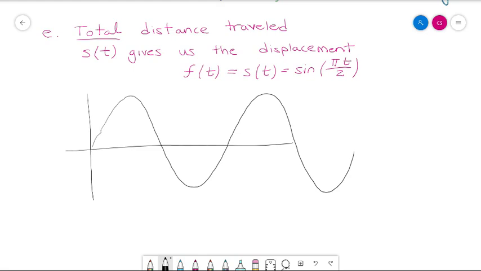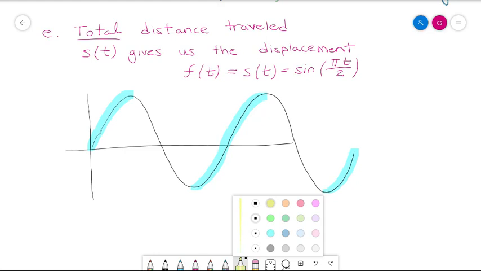And we know that we go in a forward direction when our graph is increasing, and we go in a negative direction, so like walking backwards, when our function is decreasing. So we're going to have to consider 2 different scenarios.